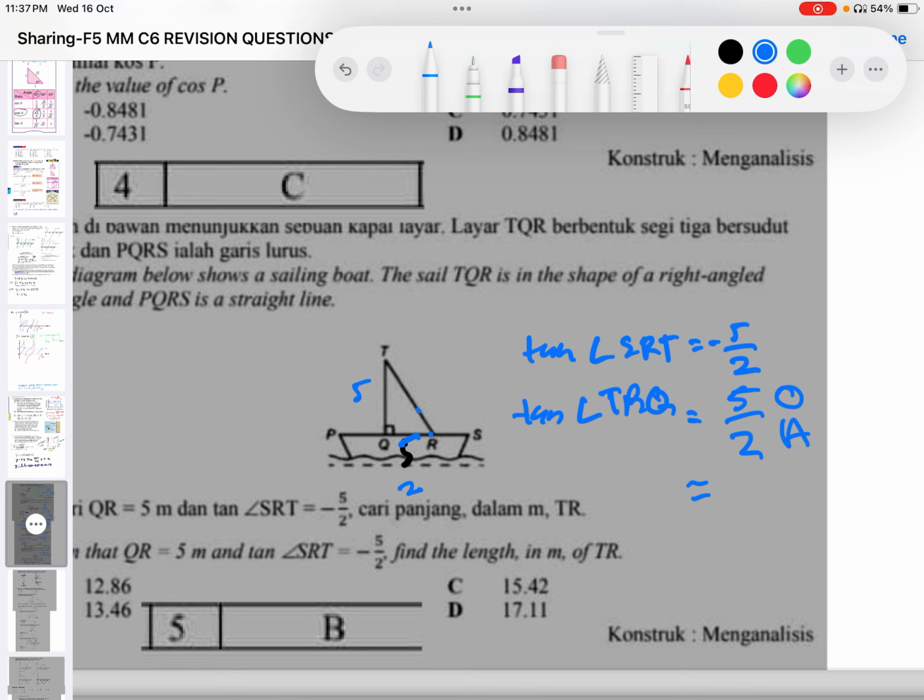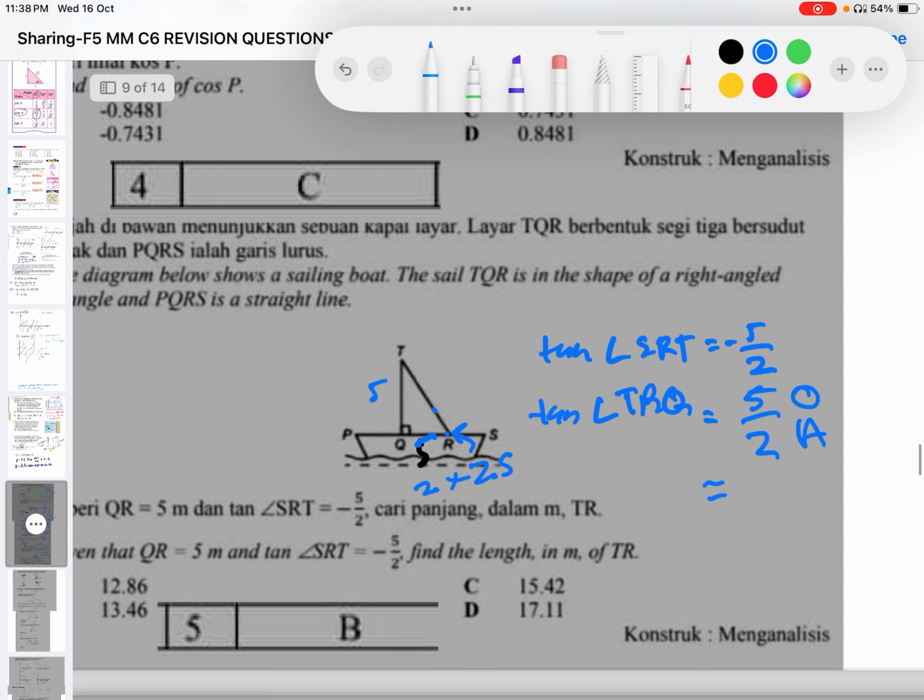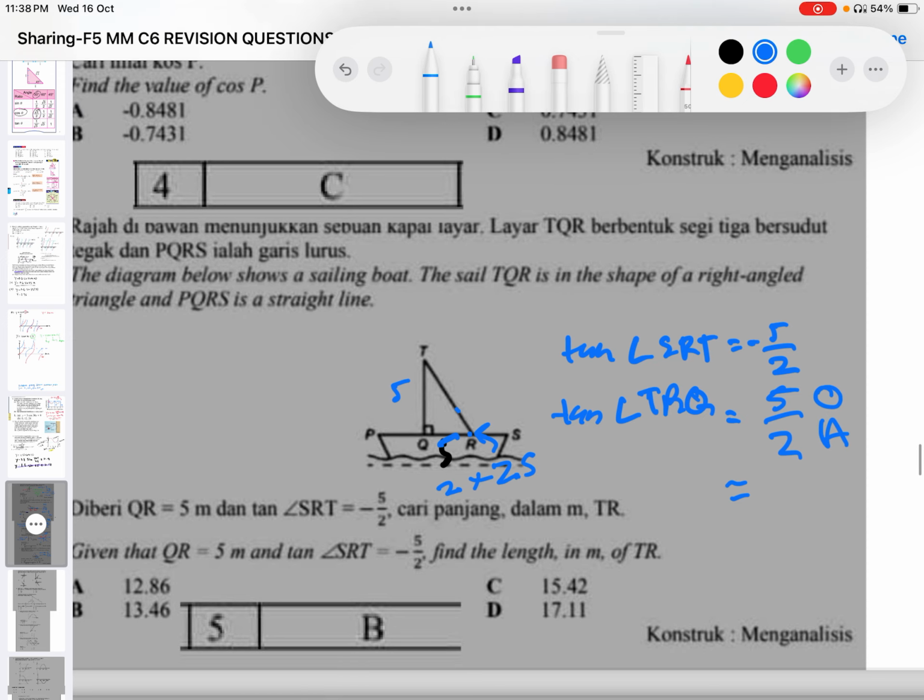Dia punya nisbah dia. So 2 darab 2.5 akan jadi 5. So 5 darab 2.5 akan dapat 12.5 kat sini. Okay.